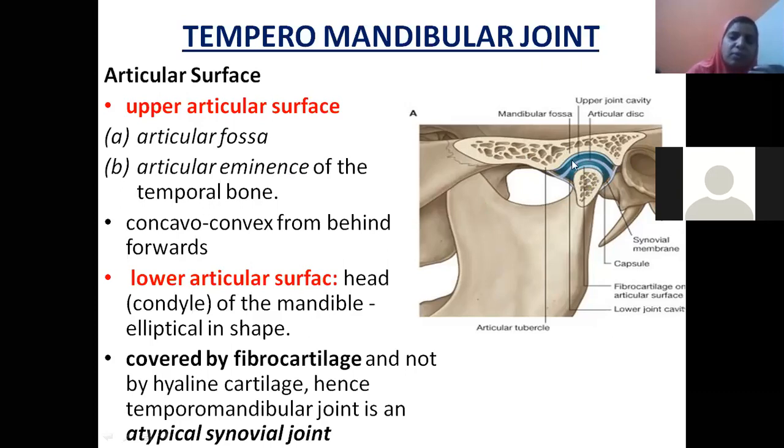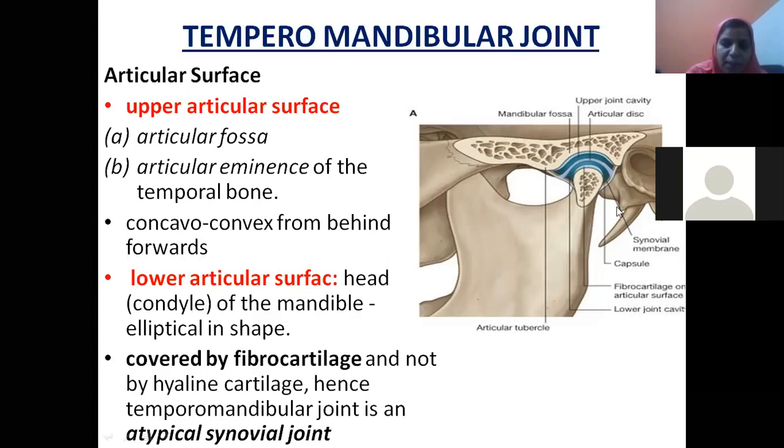Like any other joint, if you remember, suppose you talk about the shoulder joint, what is the cartilage which covers the glenoid cavity and the head of the humerus? What cartilage do we have there? Hyaline. Very good, hyaline cartilage. But see here, what is the cartilage? It's quite strong.